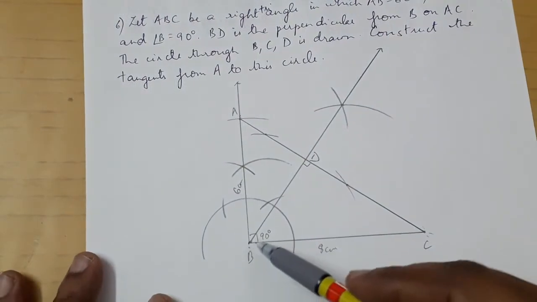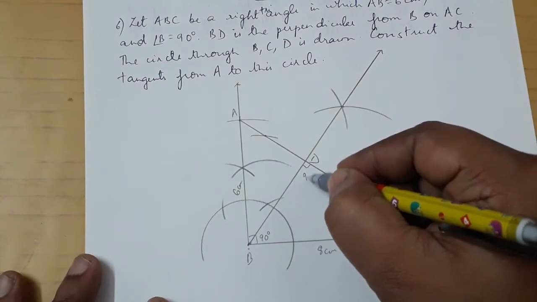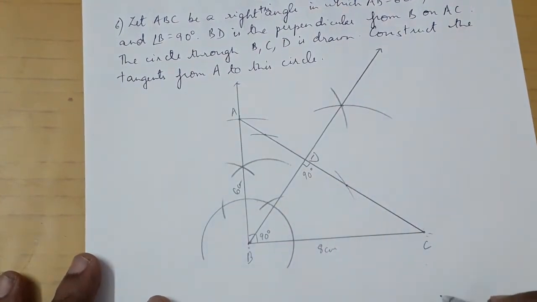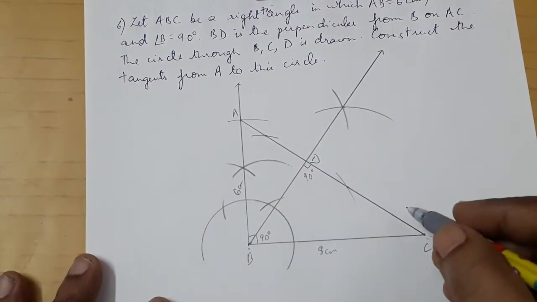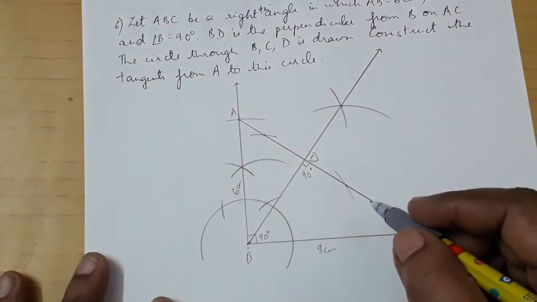Now if you have a look at B, D and C, there is a 90 degree angle formed at D. Now we know that the angle in a semicircle is 90 degrees, right?